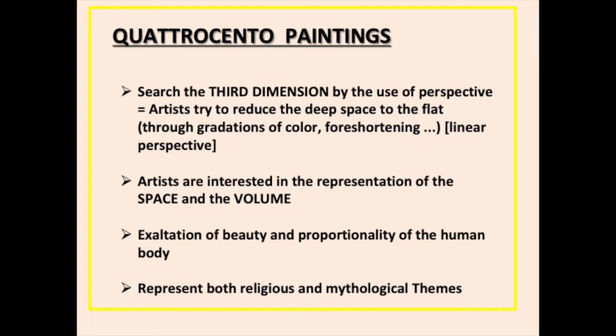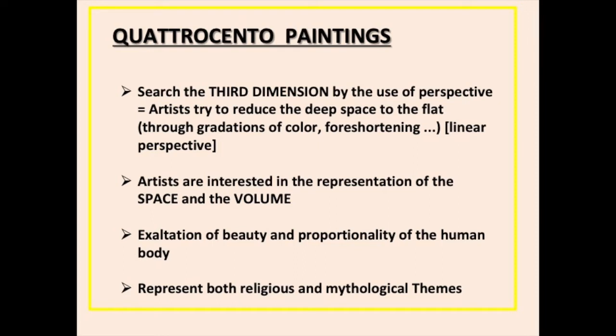Remember that I also told you that the artists are going to dissect corpses to study in a scientific way where the intersections of the bones are, where the muscles are located. So they try to represent the human body not in an imagined way, but in perfect proportion, and they try to represent the body as it really is in reality.